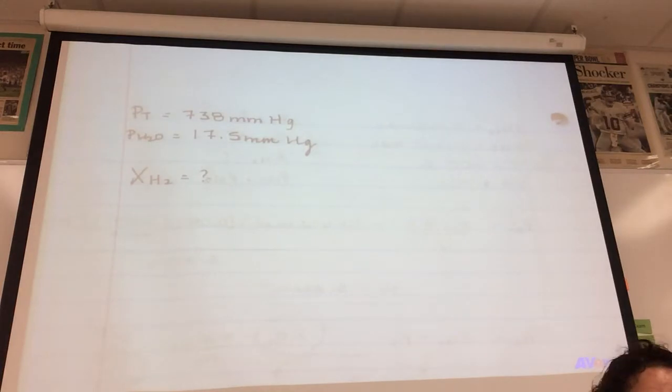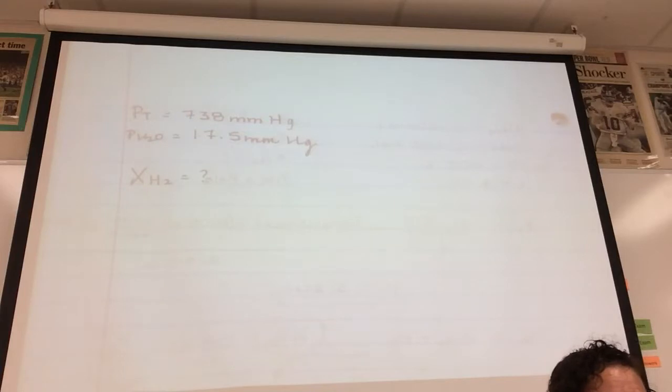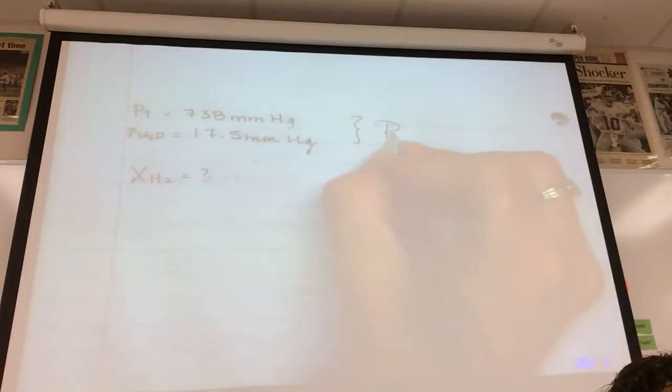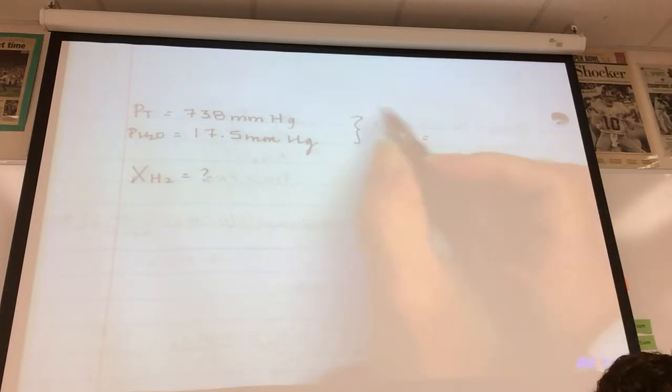How could we determine the mole fraction of the hydrogen gas? Finding the partial pressure of the hydrogen gas and then dividing it by the total pressure. Absolutely. So what you can do is you can get the partial pressure of the hydrogen gas by subtracting these two.